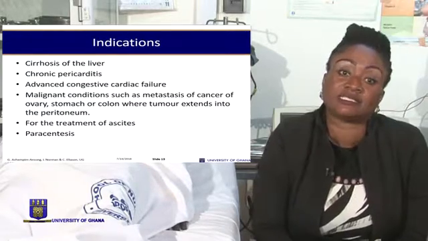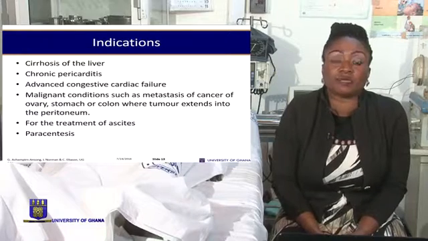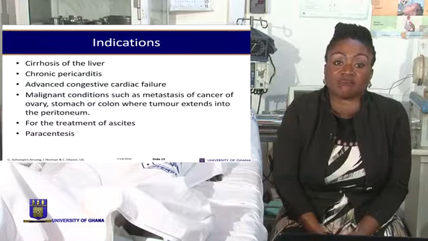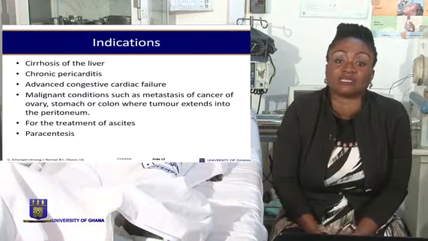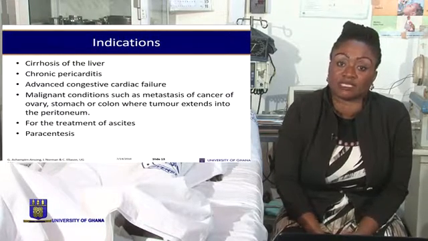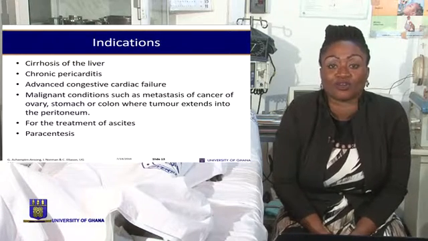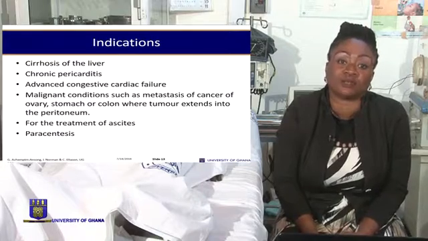It's also done in cirrhosis of the liver, patients with chronic pericarditis, advanced congestive cardiac failure, and malignant conditions as already stated, as in metastasis of cancer of the ovary, stomach or colon where the tumor extends into the peritoneum.